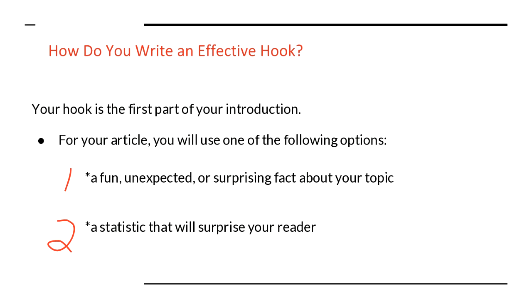Number 1, fun, unexpected, or surprising fact. Okay? And again, it doesn't matter to me which one you do, but you need to do one of these for your hooks. Okay? And hopefully last week when you turned in 2.04, you did some awesome research, so you have some really good information to share with your reader about your topic.